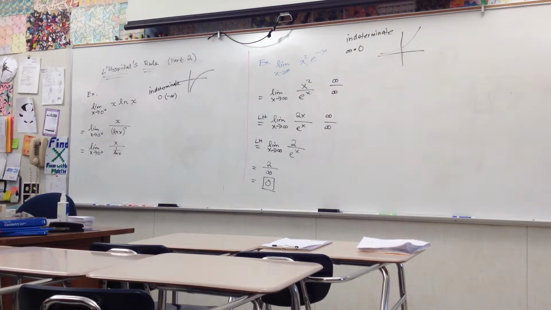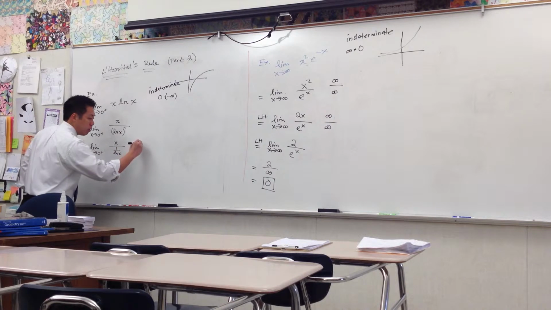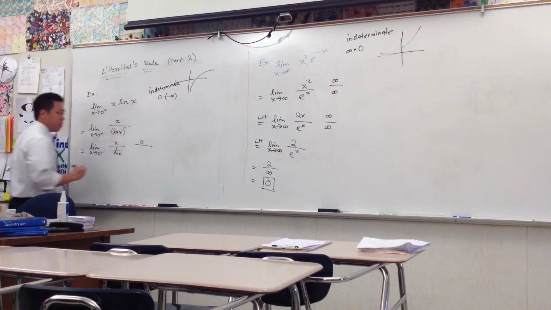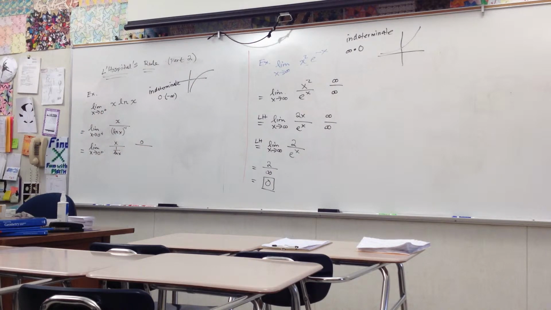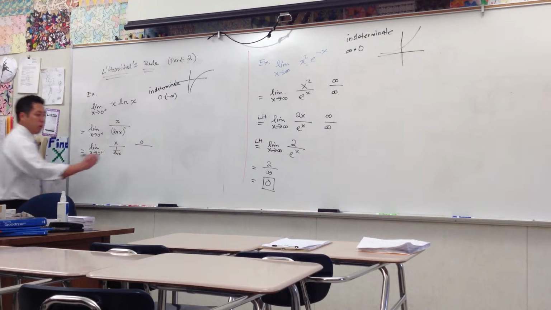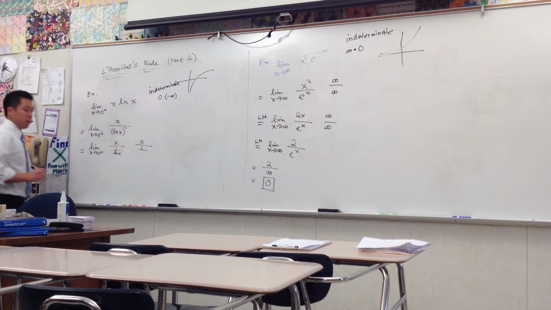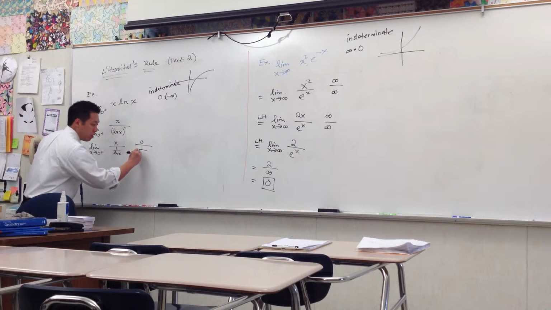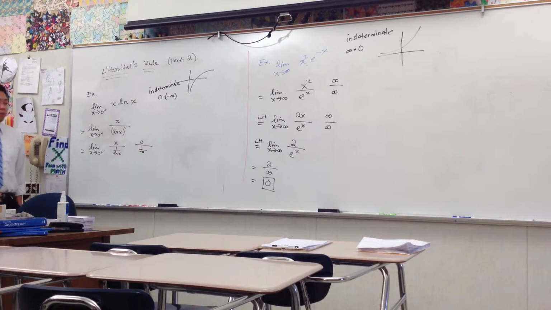So now try to plug in 0 again and see if you have a form where you can use L'Hopital's rule. On top, you have 0. On the bottom, you have 1 over negative infinity, which is 0.